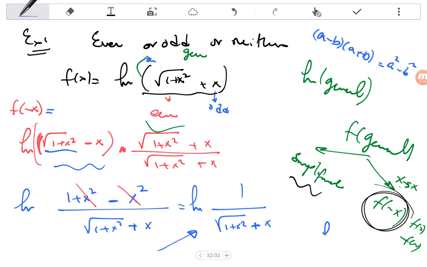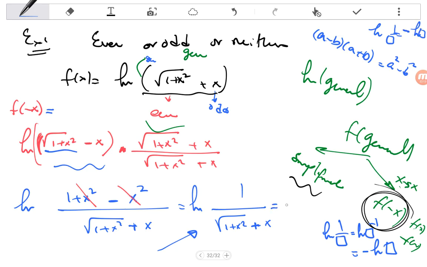And I've learned before, what is ln of 1 over something? It is just ln of that something to the power negative 1, which is negative ln of that something. So whenever I have ln of 1 over something, it is just the negative of that ln.